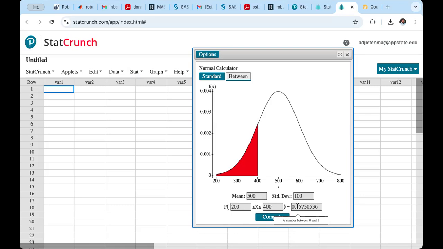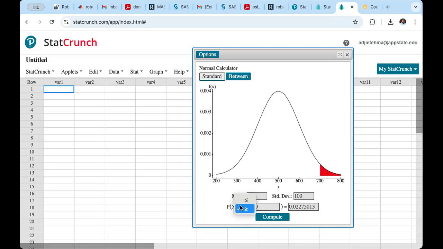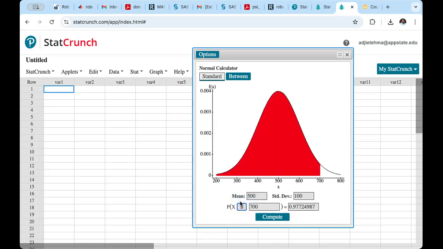And then the last one we want to do is to compute the 95th percentile. To be able to do that, let's get back to our standard. Are we all there? When we get to standard, let's change the greater than to less than. To compute, it doesn't only have to be the 95th percentile.